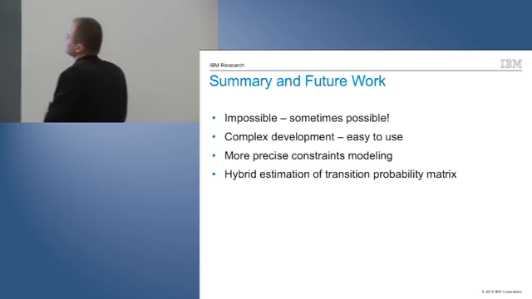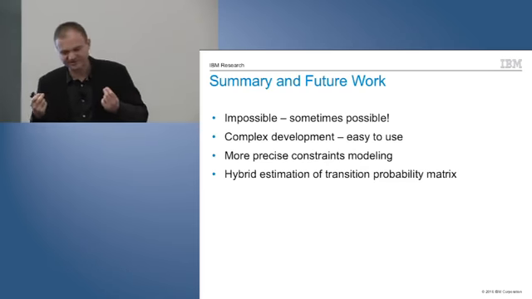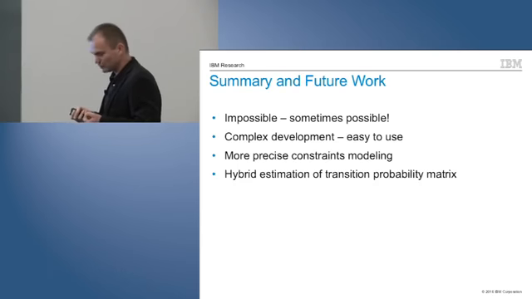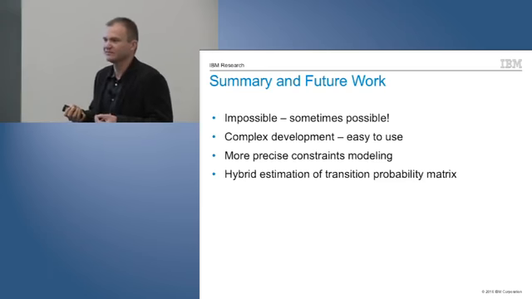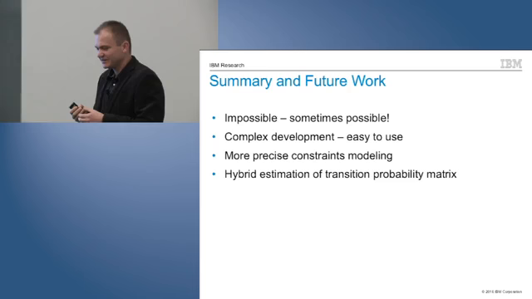I want to summarize my talk with 2 bullets that I think are the most important. First, impossible is sometimes possible. By impossible I mean, at the beginning we had the curse of dimensionality, what to do. Then we had a not perfectly calibrated model.